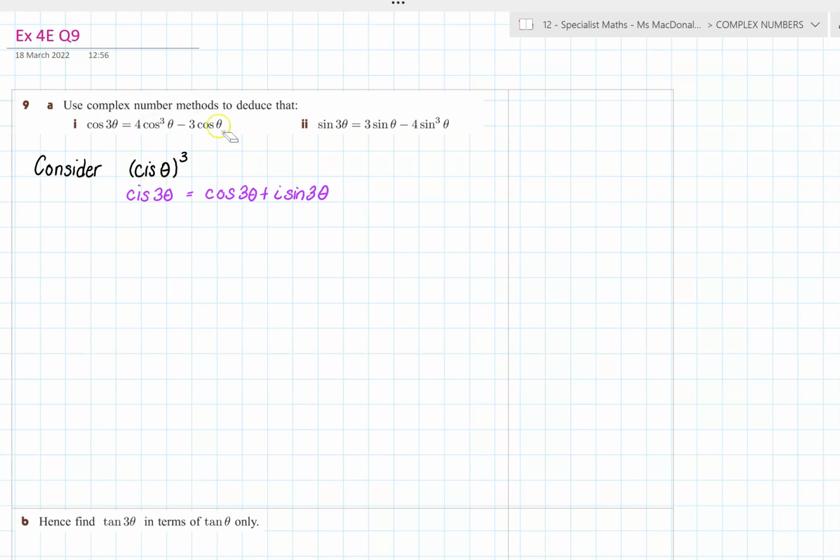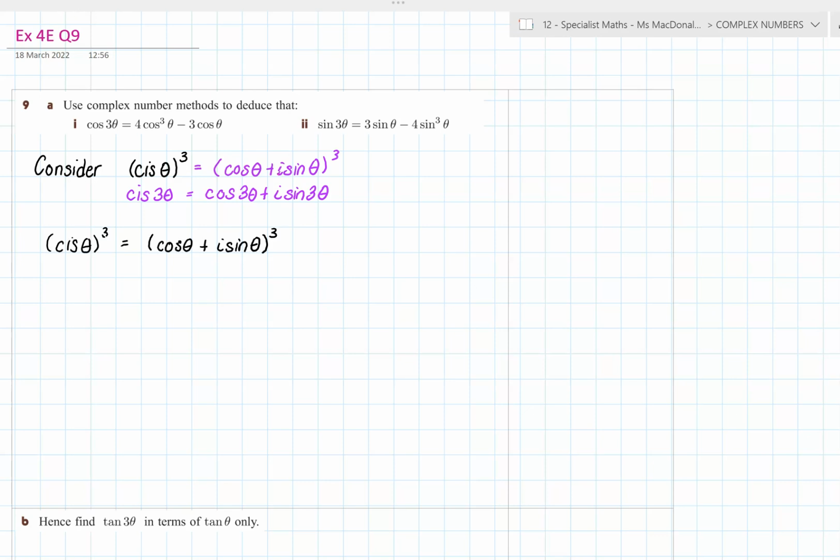Well, what if we expand the bracket first, and say we know that cis θ is cos θ plus i sin θ, and we're going to cube that and expand. And then we're going to equate the real and the imaginary.